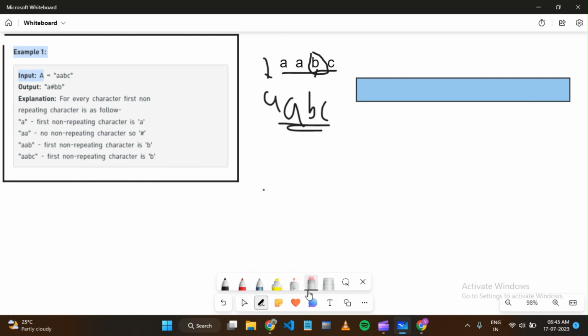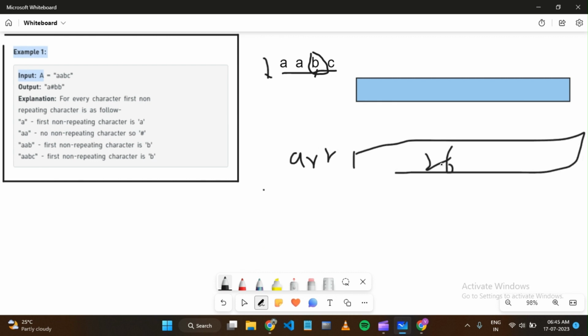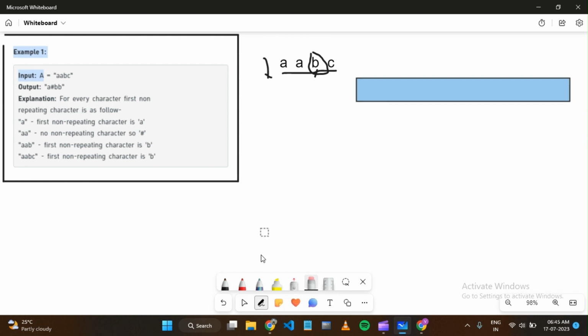To keep the count of the frequency, which data structure would we use? We have two choices. We can take an array or vector of 26 characters which will keep the count of frequency, or we can use a map. Here we will be using a map which will have the frequency count of the characters.